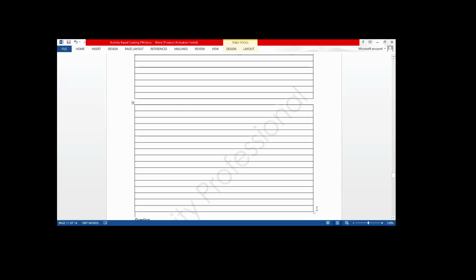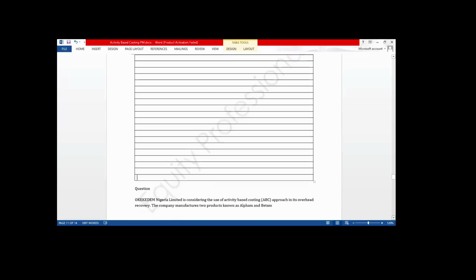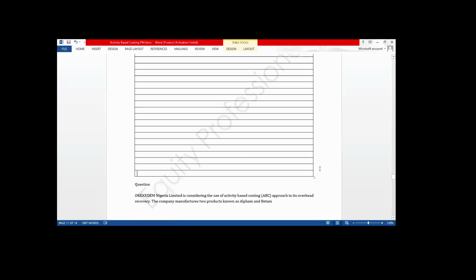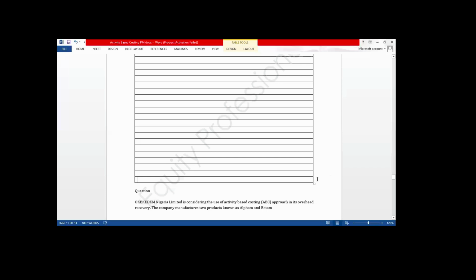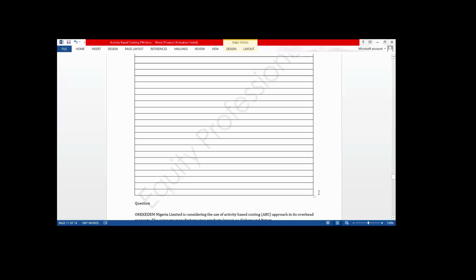This production volume is measured by labor hour or machine hour. In other words, under the traditional absorption costing system, overhead cost is absorbed using labor hour or machine hour.